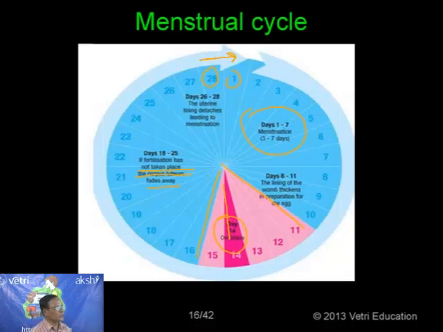This is happening only in primates like human beings, chimpanzees, monkeys, lemurs and tarsiers. In the case of cows, dogs, cats, small animals like rats and rabbits, there is no menstrual cycle. The cycle is called the estrous cycle, because of the heat period. There is no continuity; it happens only during the breeding season.